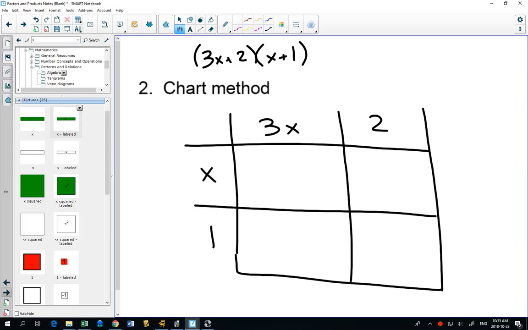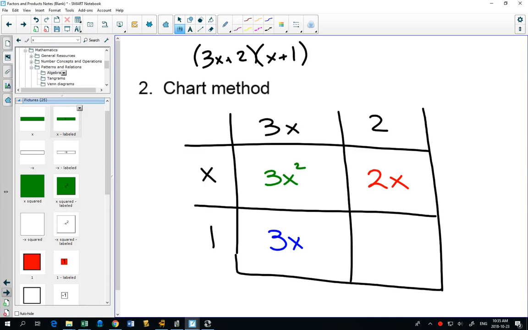If you filled in all the boxes, what happens when you multiply x times 3x? You get 3x squared. What happens when you multiply the 3x times the 1? You get 3x. What happens when you multiply the 2 times the x?